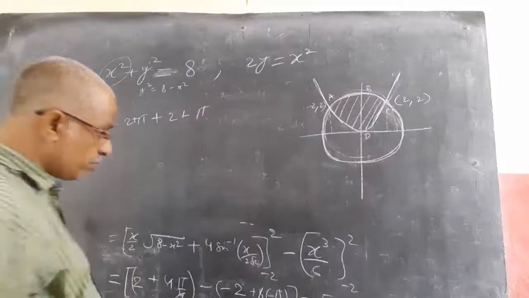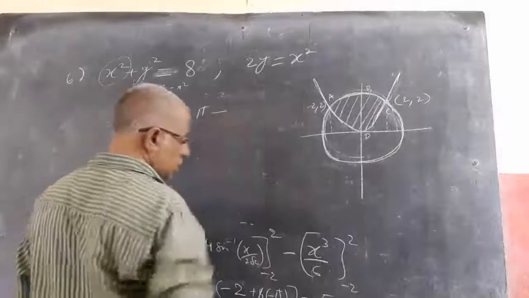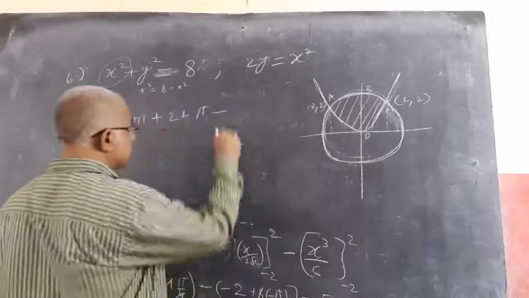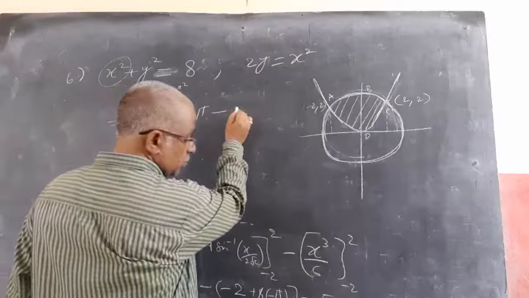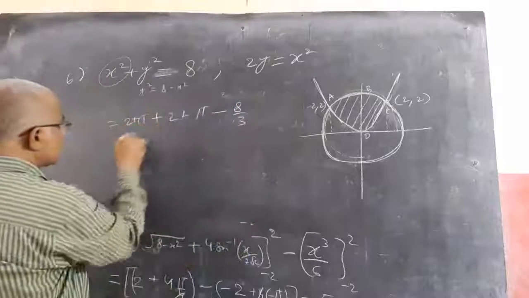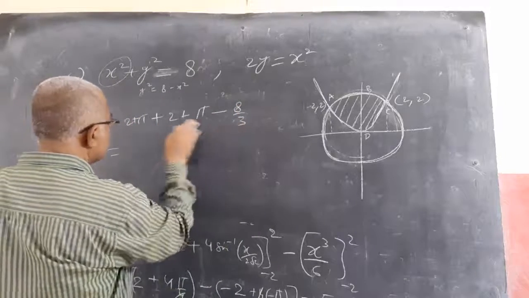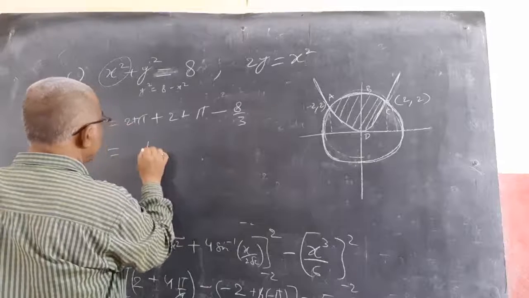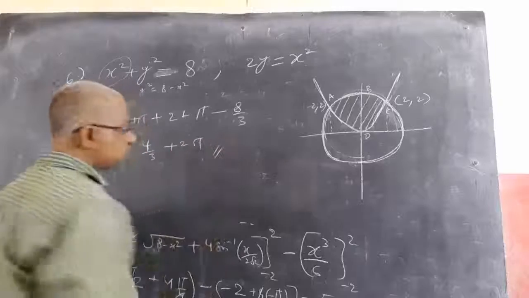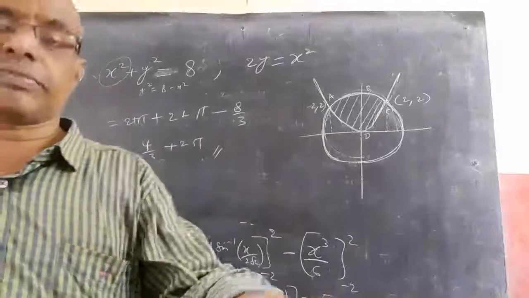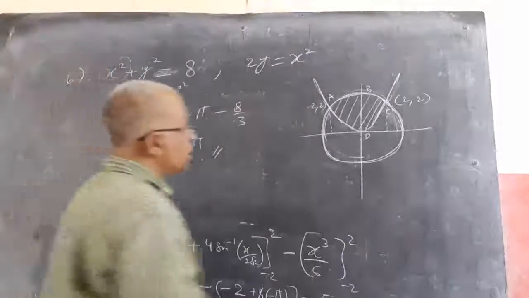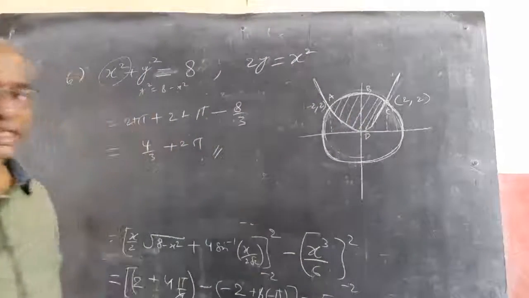Next minus 8 plus 8, 16 by 6, which is 8 by 3. So this is 2 plus 2, 4. If I take the LCM, 4 is 12 by 3, 12 minus 8, 4 by 3 plus 2 pi. So the shaded area is 4 by 3 plus 2 pi.